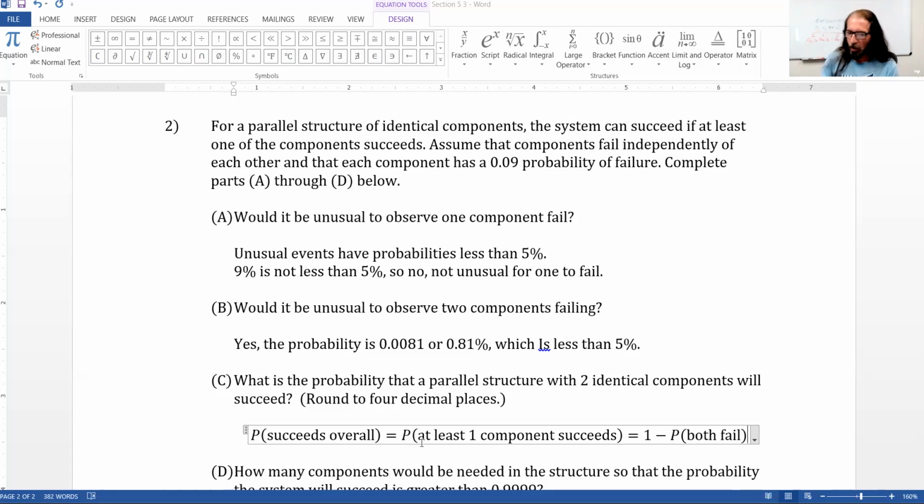And we have computed, when there are 2 components, the probability of 2 failing.